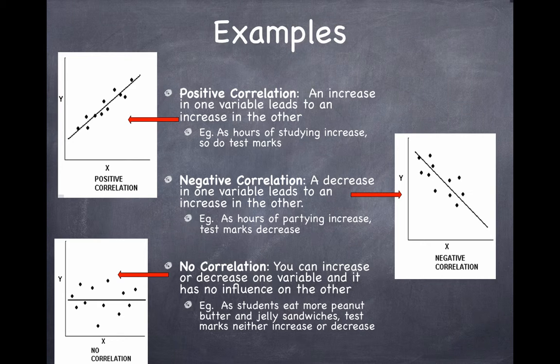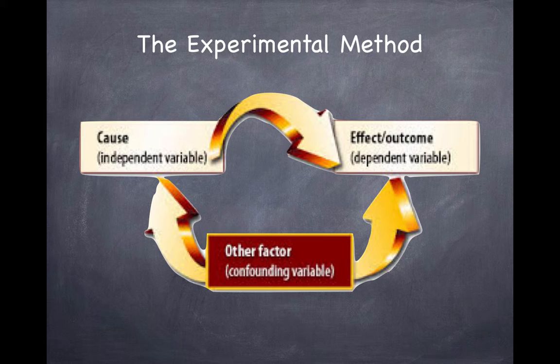Now the experimental method also includes two things here. When the experimental method is being used, this is not correlation. This is the only research method to identify cause and effect relationships between two or more variables. You have the independent variable and the dependent variable.